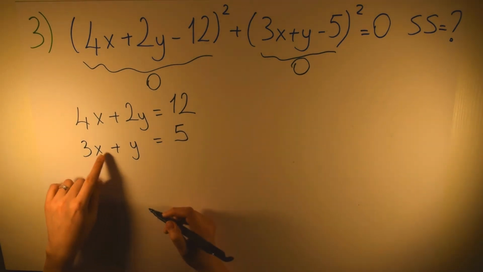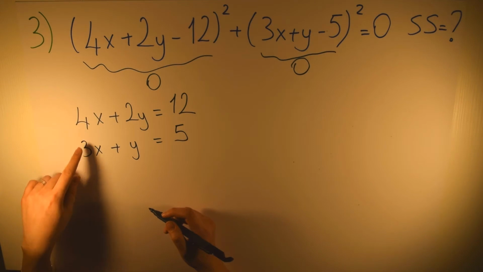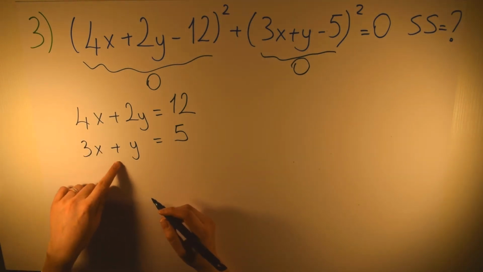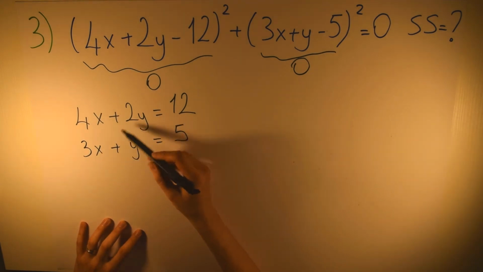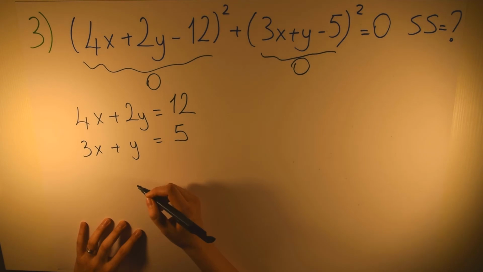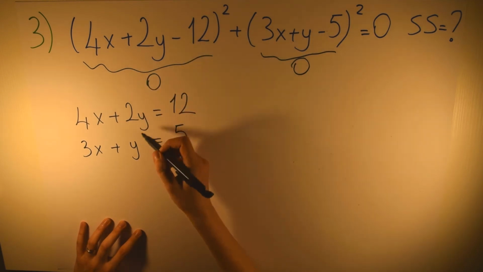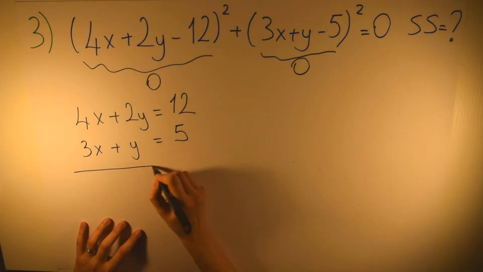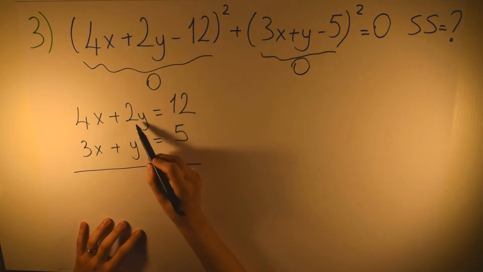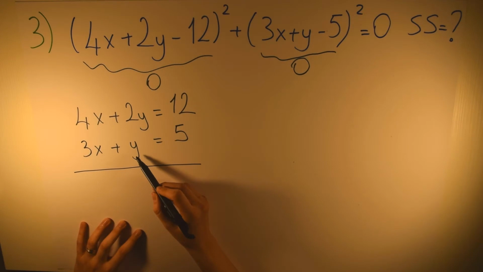So after that, I got two unknown variables with two linear equations. So after this, it's very simple. All you should do is to try to destroy one of them, and you will find the other one by subtracting one of these equations from the other. So let's see. Here I have plus 2y and here I have plus y.